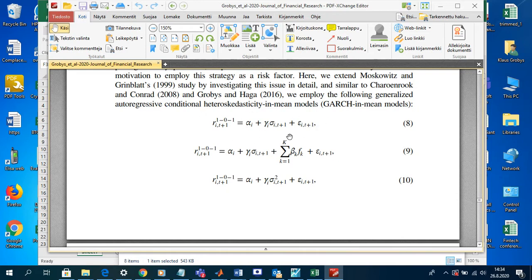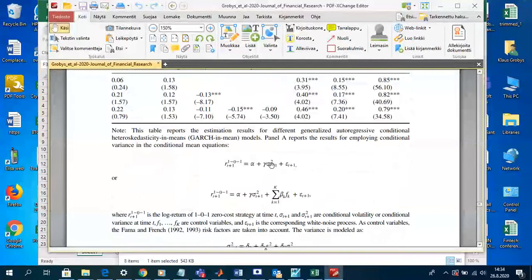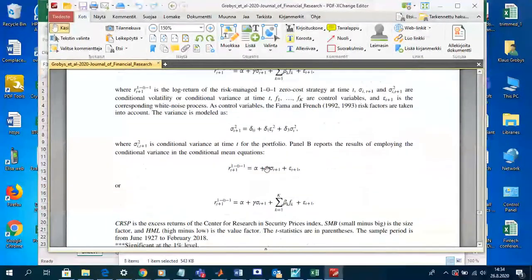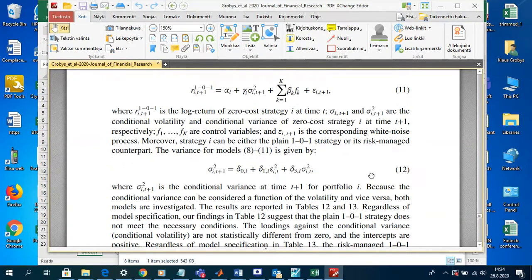Then, of course, we have not only the mean equation. A GARCH-in-mean model, or any GARCH model, has a separate equation for the volatility, which is the sigma squared at time t, conditional on time t or t plus 1. We have given this in equation 12.